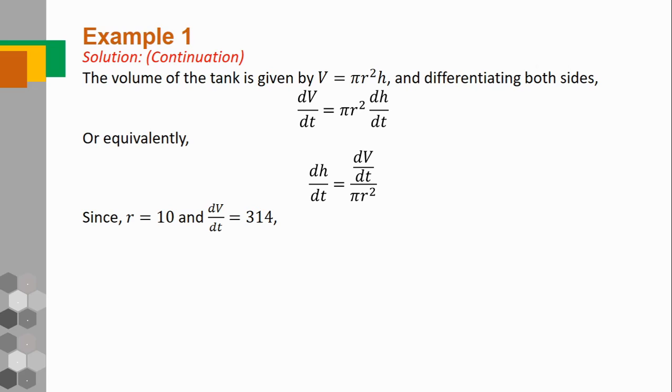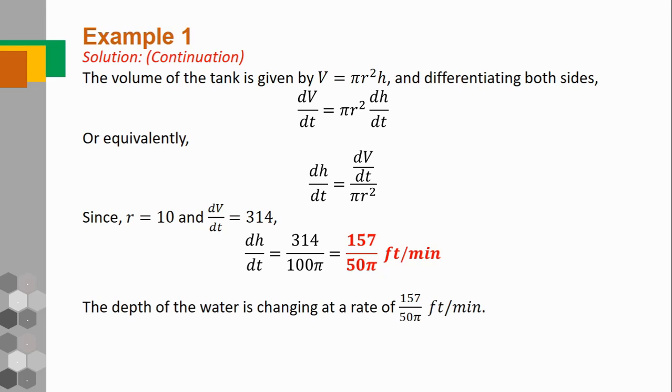And since r equals 10 and dV over dt equals 314, dH over dt equals 314 over 100 pi equals 157 over 50 pi feet per minute. So the depth of the water is changing at a rate of 157 over 50 pi feet per minute.